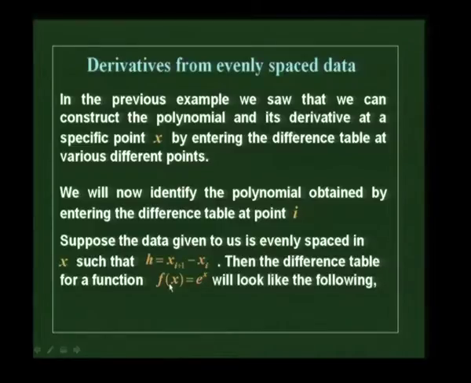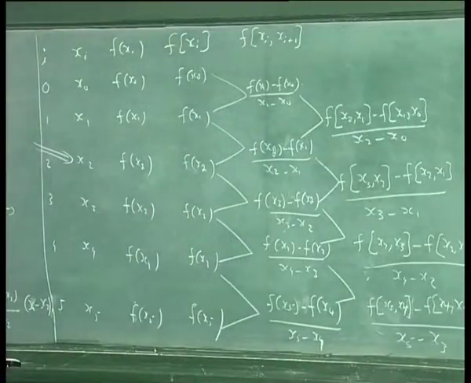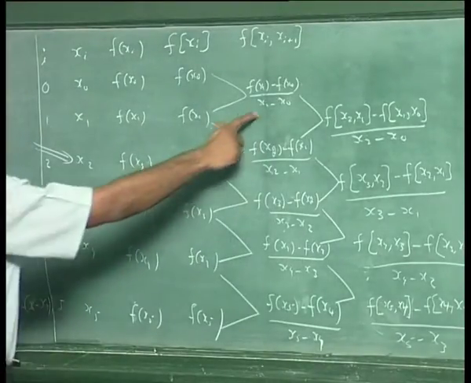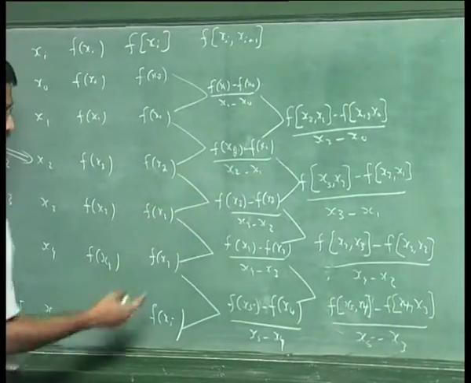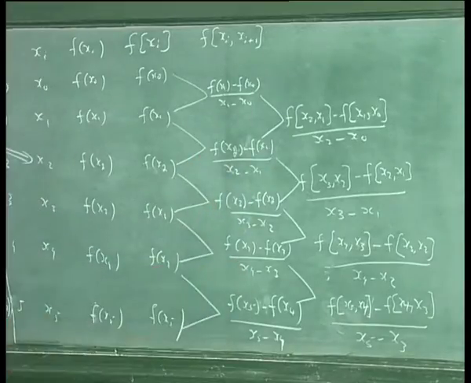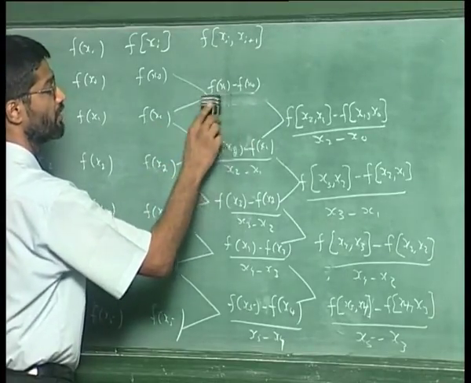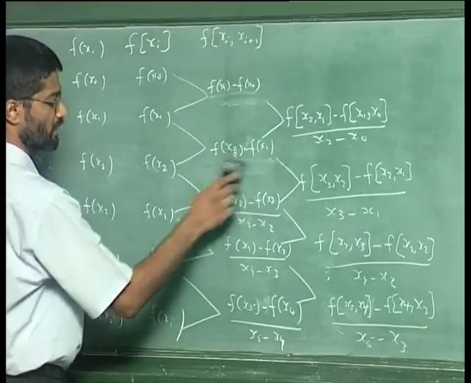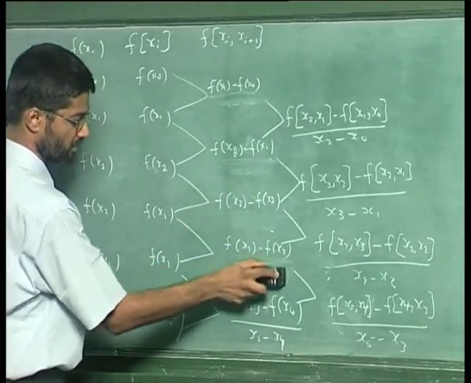In this case, the difference table is a little simpler. Since x1 minus x0 is equal to x2 minus x1 is equal to x3 minus x2, there is no need to keep those things here. We do not need to divide here, so we can remove those points, because we know that is a constant, irrespective of which point we enter.